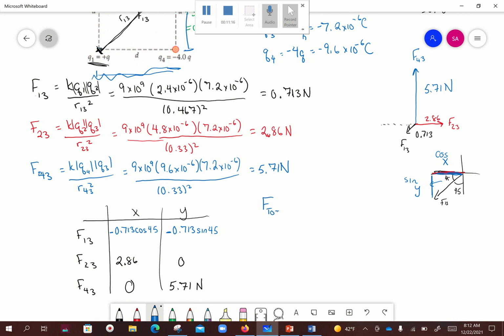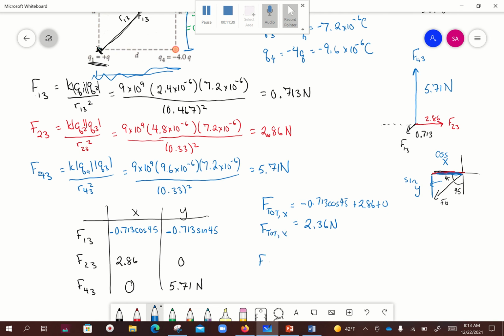So the force total in the x direction is just going to be the sum of all these. So minus 0.713 cos 45 plus 2.86 plus 0. So I'm going to get 2.36 newtons when I put all that together.